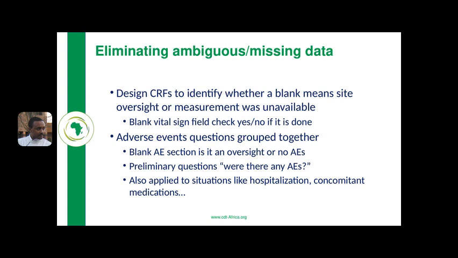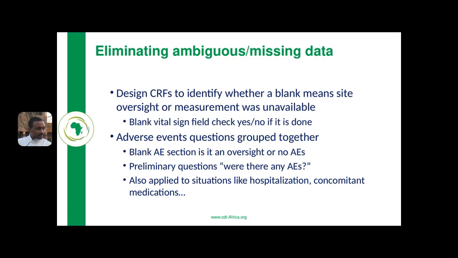If the answer is yes, then we expect each vital sign, such as respiratory rate, blood pressure, and pulse rate, to be entered. But if the answer is no, then each of the vital sign fields is going to be empty. This way we can make meaning out of blank spaces.